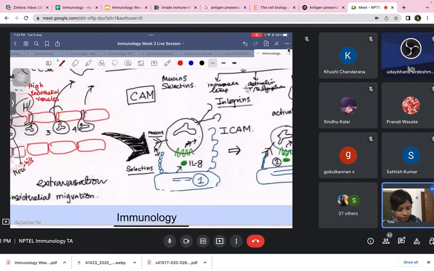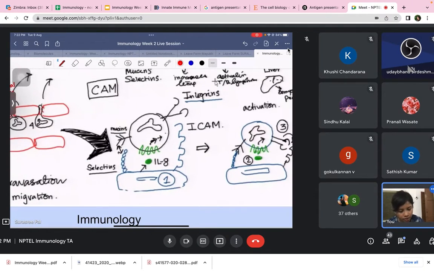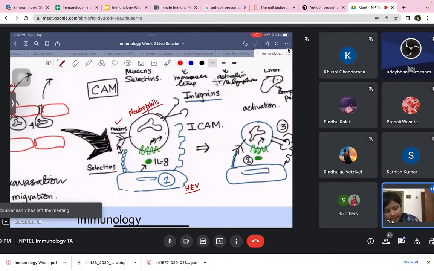Suppose this is the high endothelial venule cell and this is the neutrophil. Okay, and there is one interaction which takes place if the neutrophil has to roll along the surface of the high endothelial venule, that is mucin-selectin interaction or mucin-selectin binding.